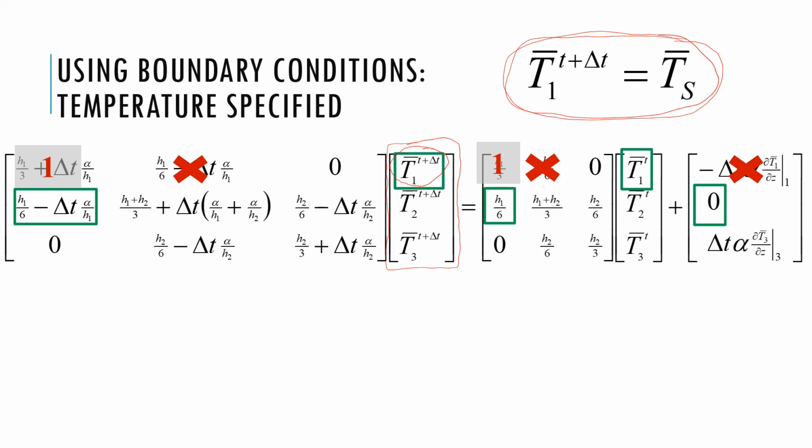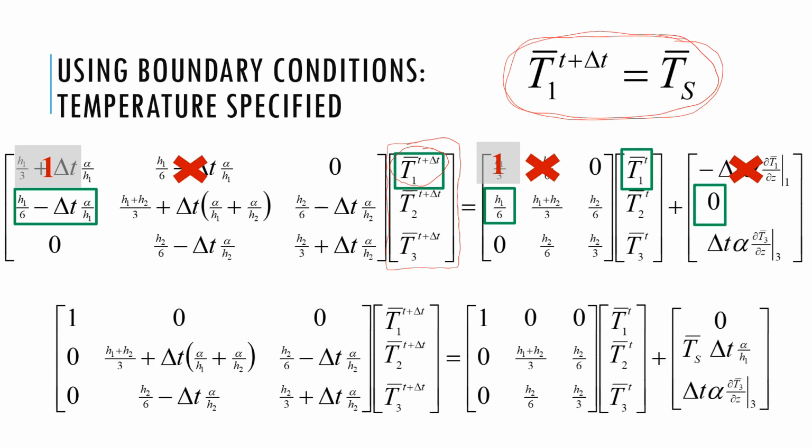The way this is implemented is we force this condition as one of the equations. We replace the first equation by this one.